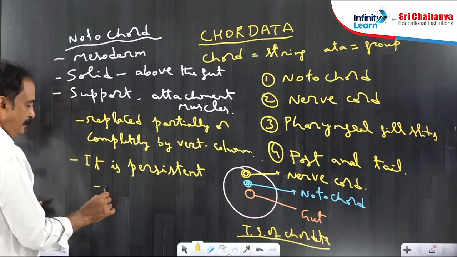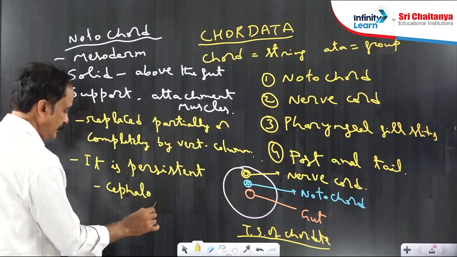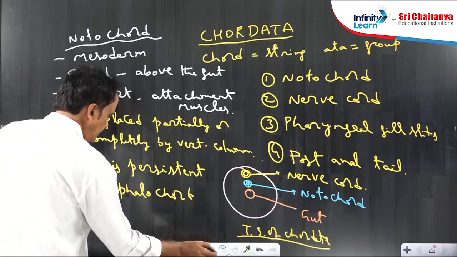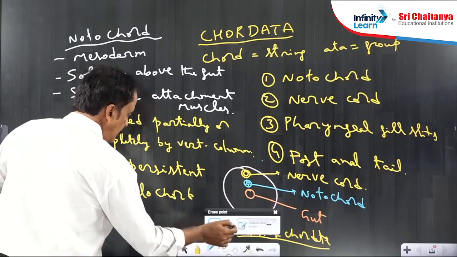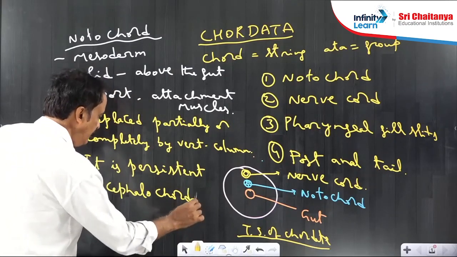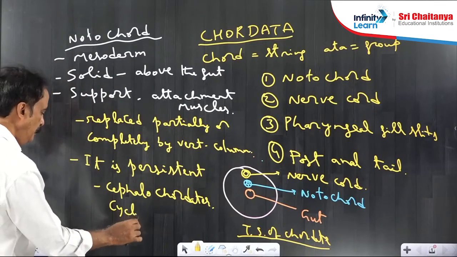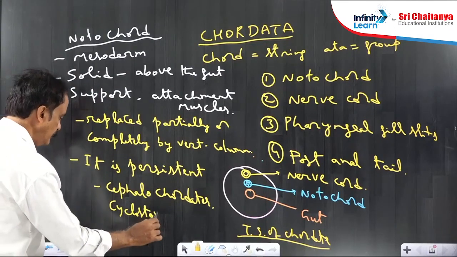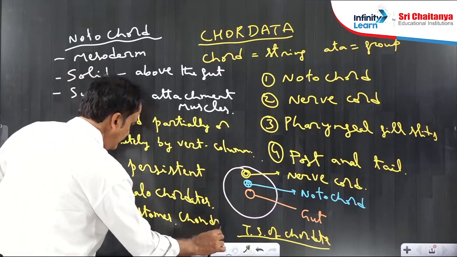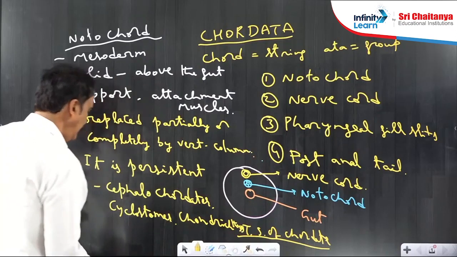In the case of cephalochordates, it is persistent in cephalochordates, cyclostomes, chondrichthyes, right?